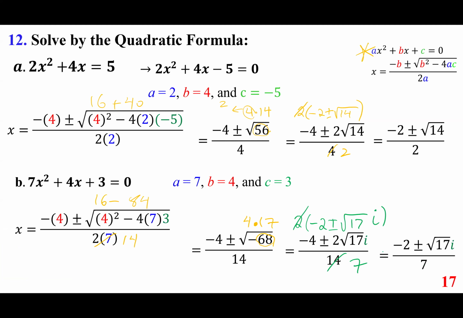And it's very important for everybody to notice that this i is outside the radical. That's why sometimes they rather write it as i square root of 17 to make sure there is no confusion. If you put the i inside, it is completely wrong.